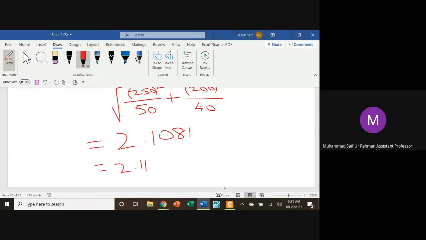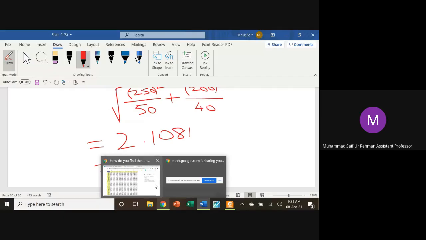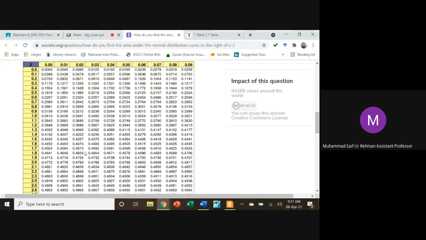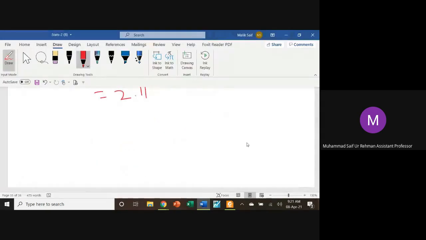Now come into the table and see the probability against this value. 2.1 is this, and move rightward until 2.11. So 0.4826. You have to subtract this value from 0.5 to have the p value.